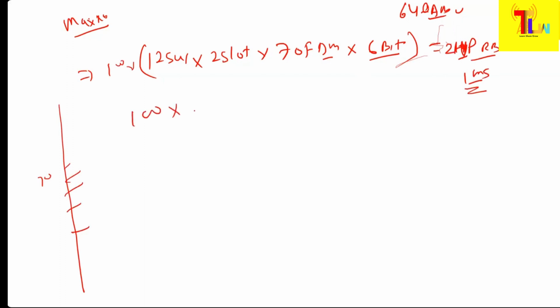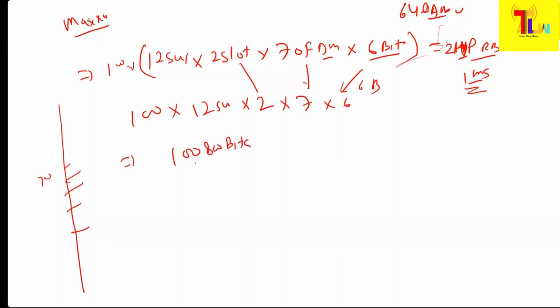So 100 into 12 subcarriers into 2 slots into 7 OFDM symbols into 6 bits. So how much will it calculate to? It will be around 100800 bits, but this number of bits is transmitted in 1 millisecond.